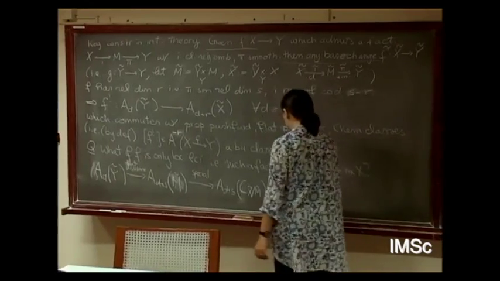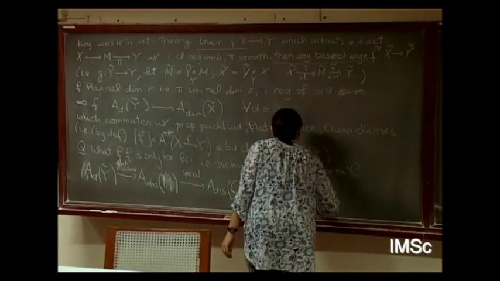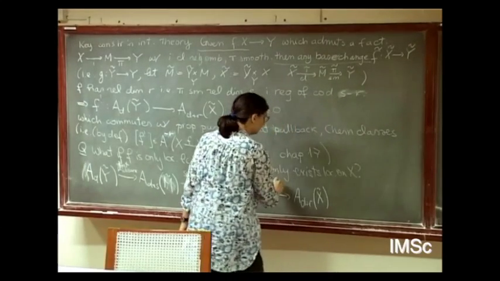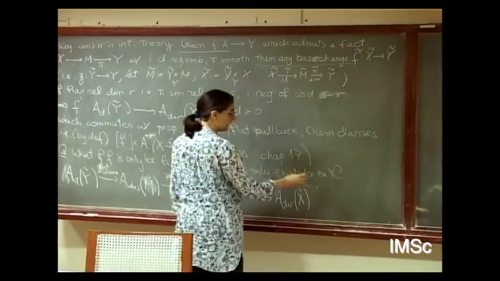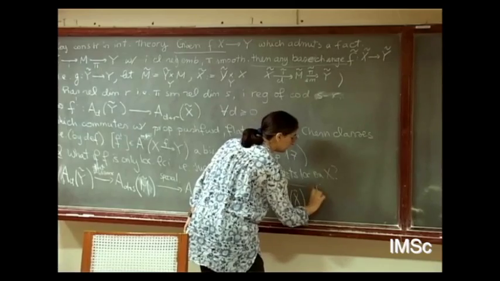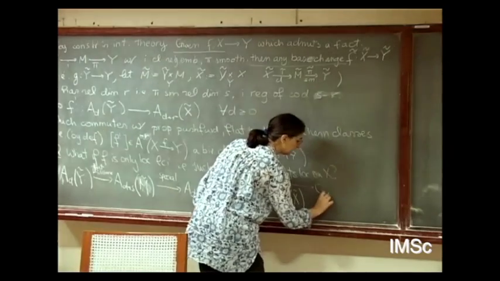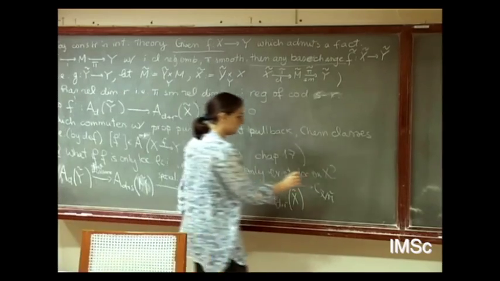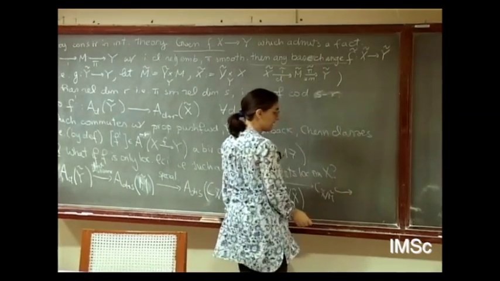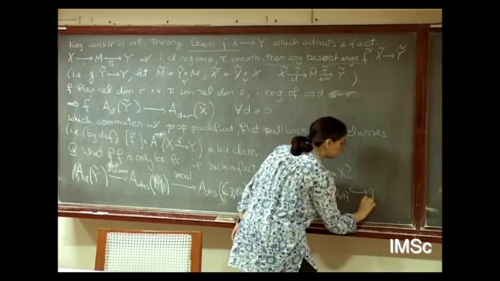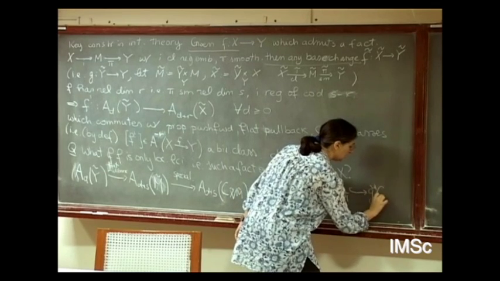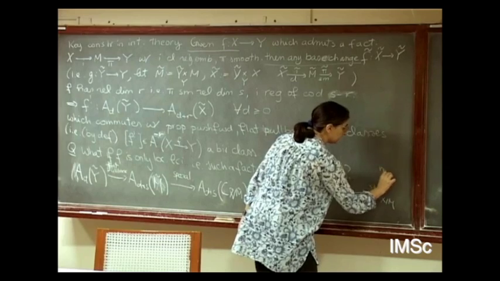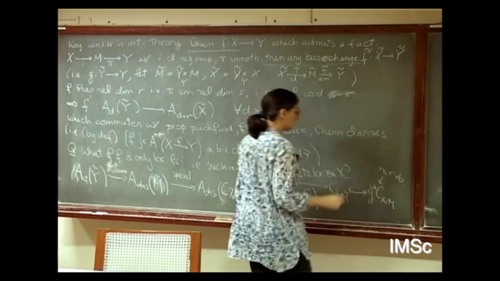And finally here one goes to A_{d+r} of X twiddle, and this step is given by essentially using the fact that the normal cone C_{X twiddle} over M twiddle admits a closed embedding into g twiddle pullback of C_X M, which is a rank r vector bundle.